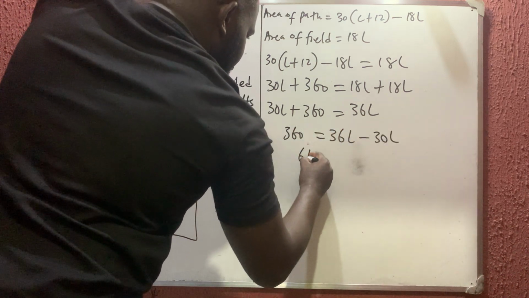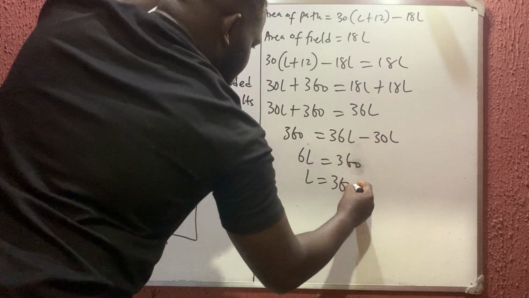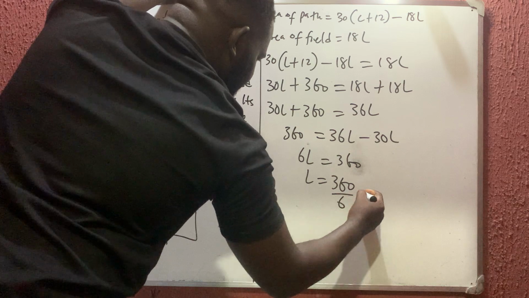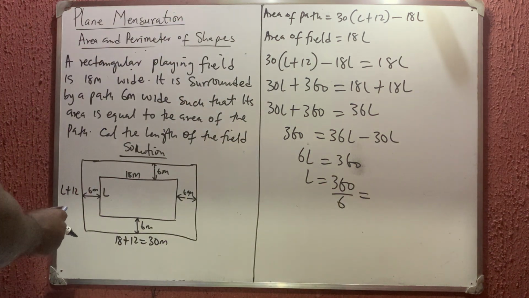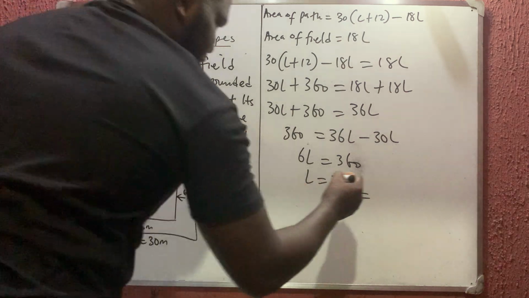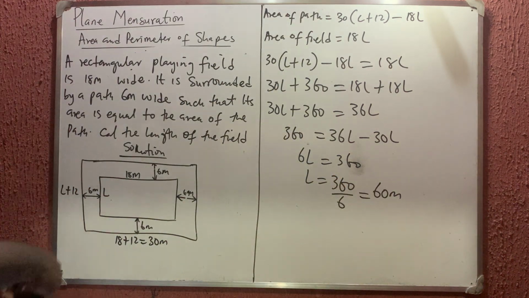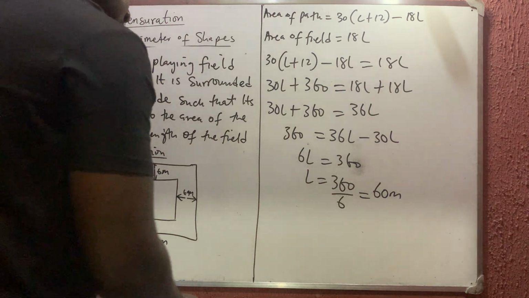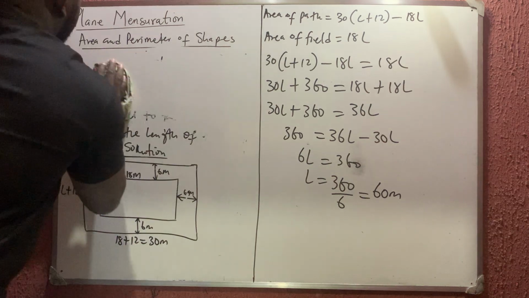So therefore 6L is equal to 360, and my L will be 360 divided by 6. So I have 60 meters. So the length of this field is obviously 60 meters. It's very simple. So let's move to the next question.